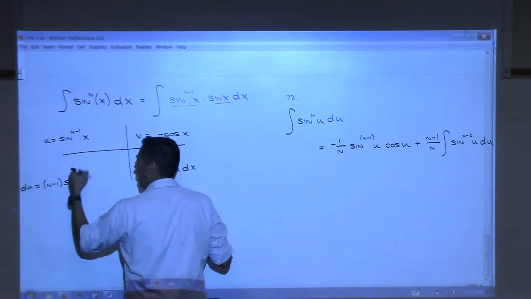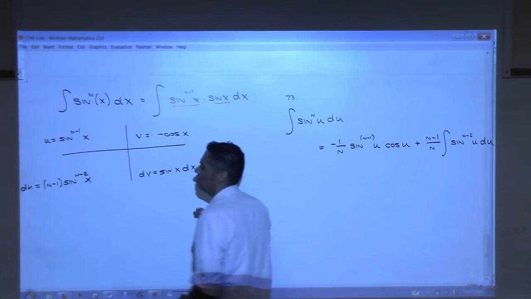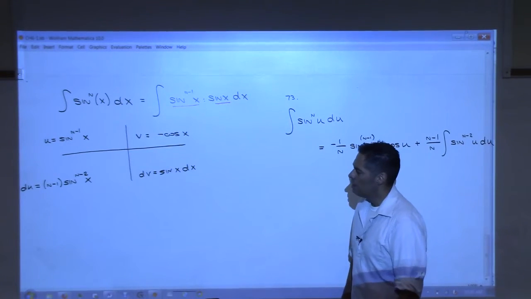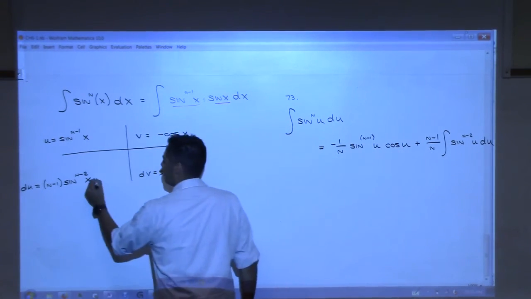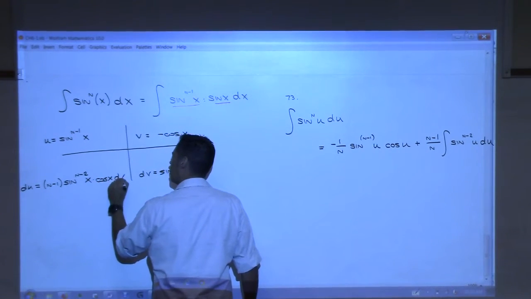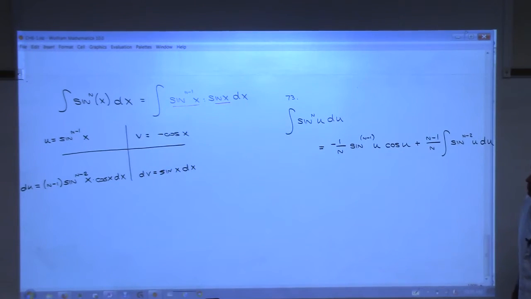N minus 1 again, which is n minus 2 power of x. Make sense? And then the derivative of sine, which is cosine x dx. That okay? Yeah. All right. I mean, that's what it is.